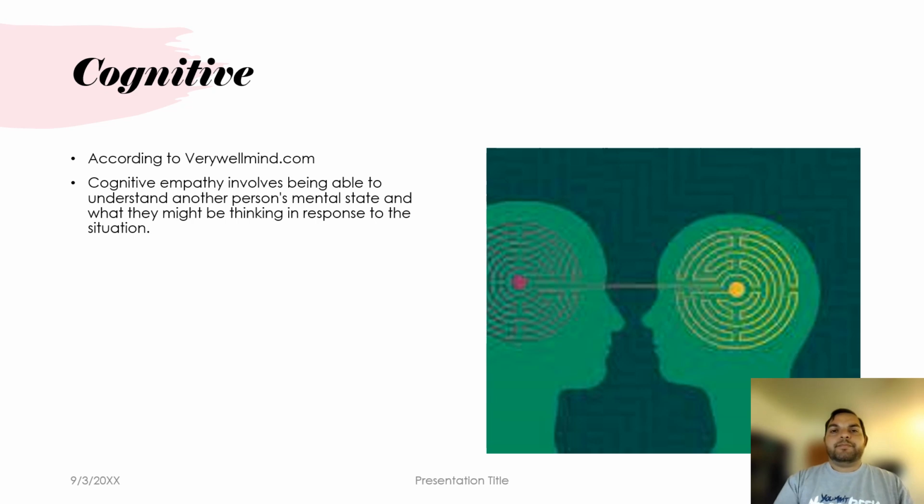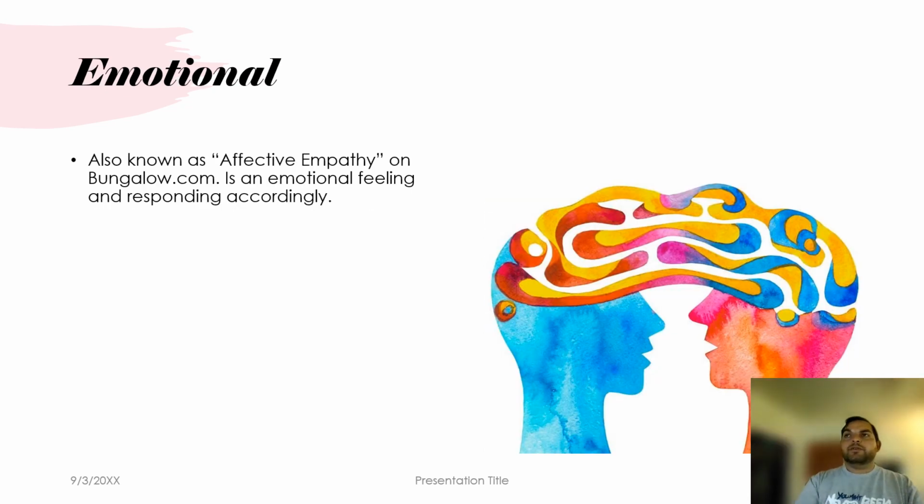The third and final form of empathy is emotional, also known as affective empathy. According to bungalow.com, emotional empathy is an emotional feeling in response to a situation.